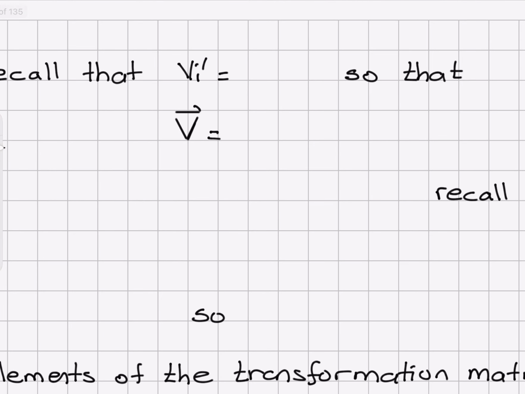I can recall that v_i prime is obtained by a transformation matrix A_ij v_j. Now this vector v is v_k e_k hat, which is equal to A_ij v_j e_i prime hat.